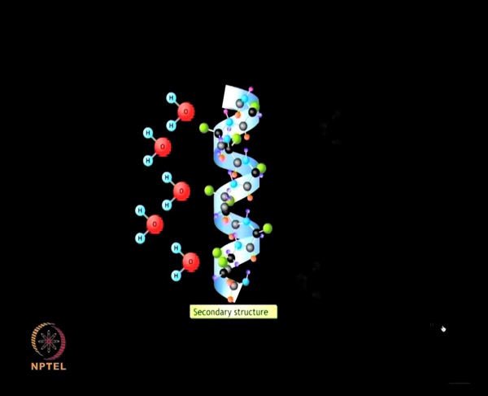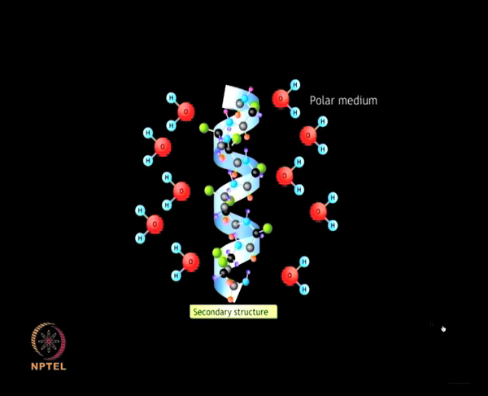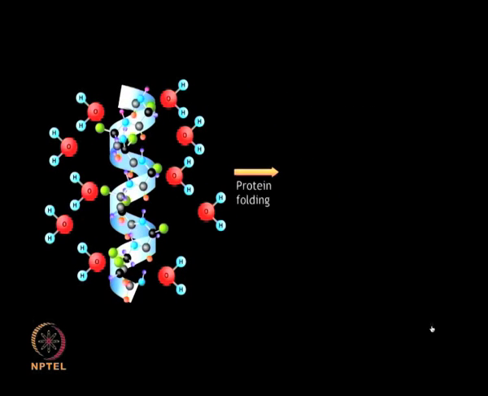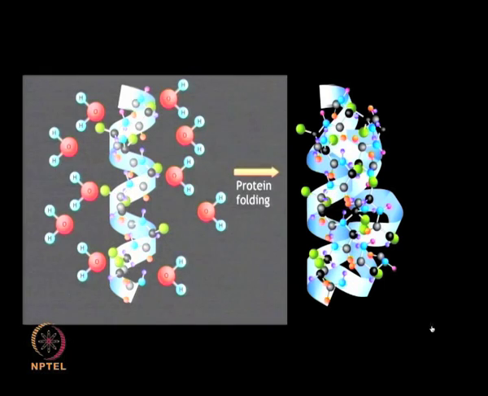Amino acids located far apart on the polypeptide chain interact with each other by means of hydrogen bonds, electrostatic interactions, disulfide bridges, etc., which allows the protein to fold 3-dimensionally in space, giving rise to the tertiary structure.